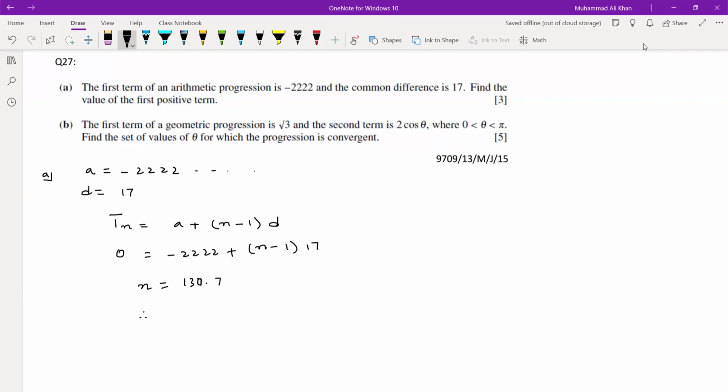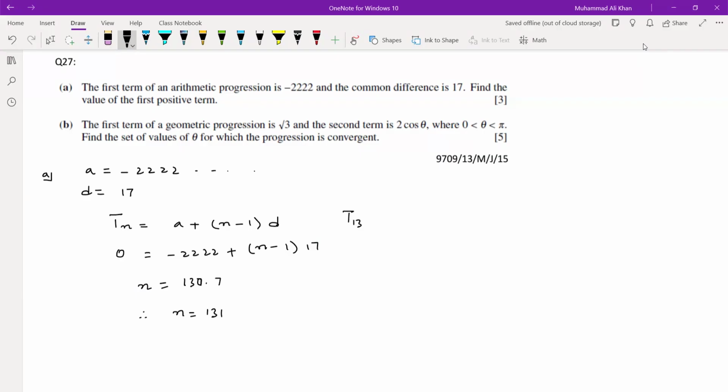Therefore what is the value of n? The value of n is 131, and after that we have to calculate the 131st term.